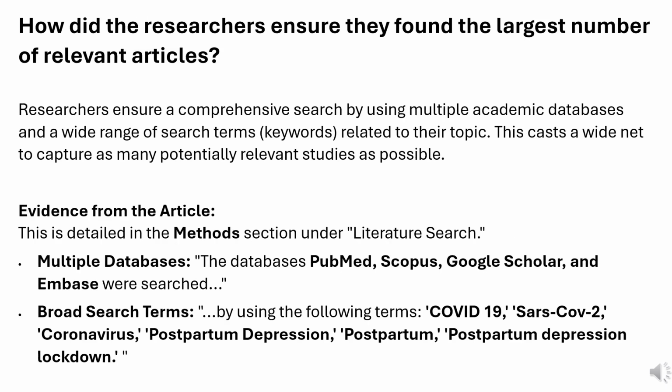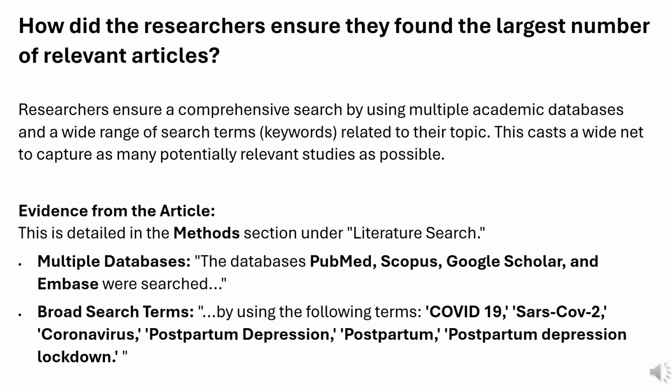How did the researchers ensure they found the largest number of relevant articles? Explanation. Researchers ensure a comprehensive search by using multiple academic databases and a wide range of search terms, keywords, related to their topic. This casts a wide net to capture as many potentially relevant studies as possible. Evidence from the article.